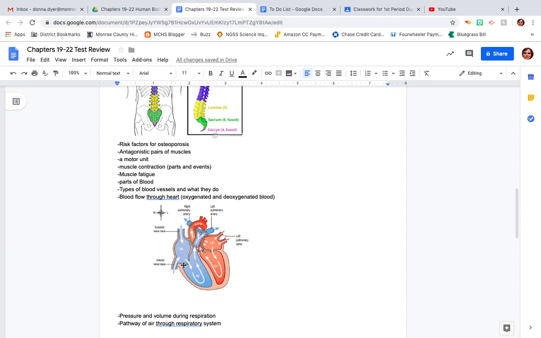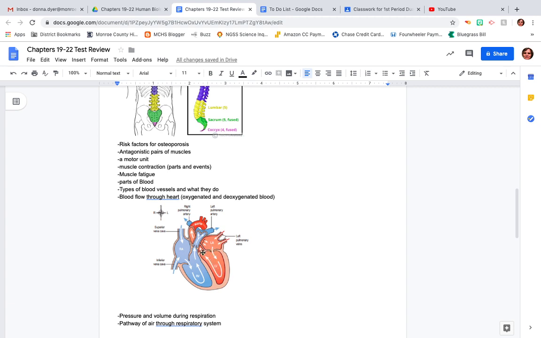So on this side of the heart, we have deoxygenated blood. This is dirty blood coming in from the body. It contains very little oxygen. From the right side of the heart, it travels to the lungs to pick up oxygen. Once it has picked up oxygen, it will travel back in through the left and right pulmonary veins into the left atrium. From the left atrium, it will go through the bicuspid or mitral valve into the left ventricle.